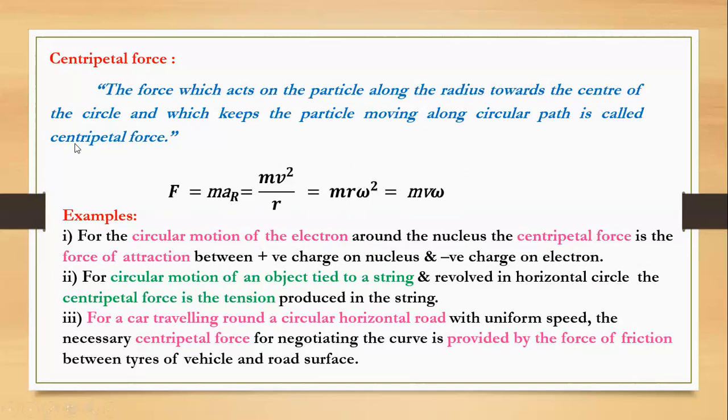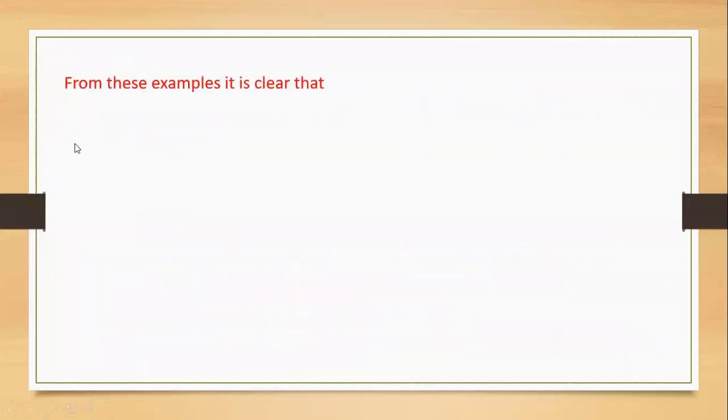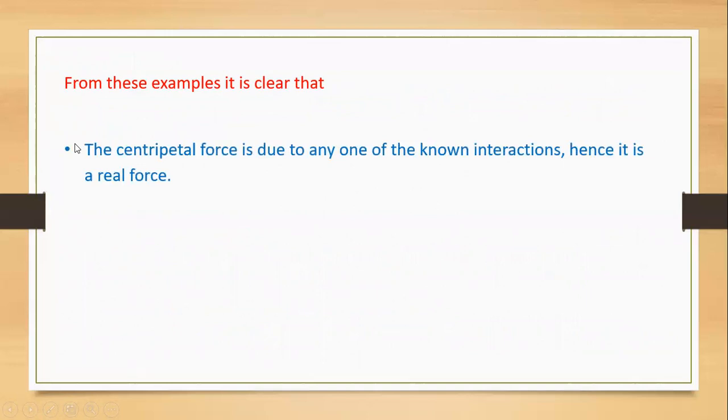Now after centripetal force, some points we have to clear here. You remember one thing here: centripetal force is due to known interaction. We already learned there are two types of forces, real forces and pseudo forces.